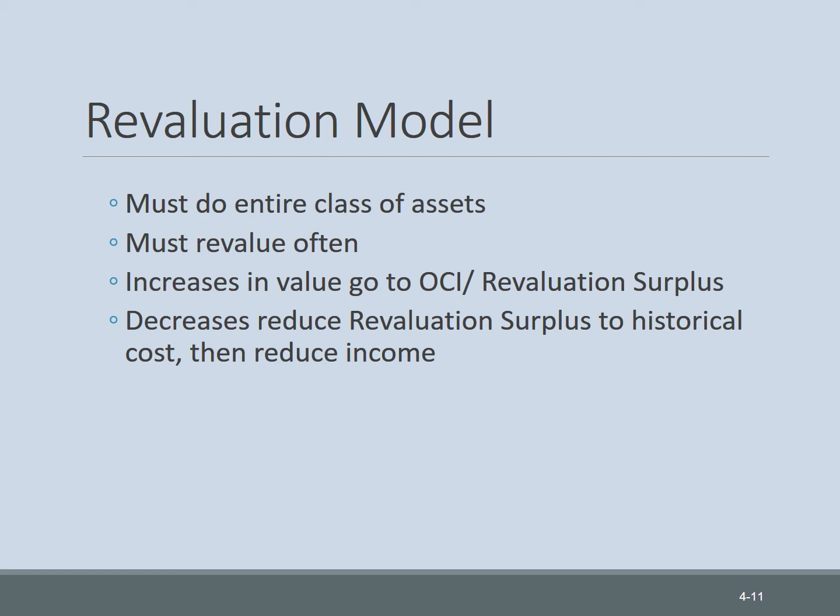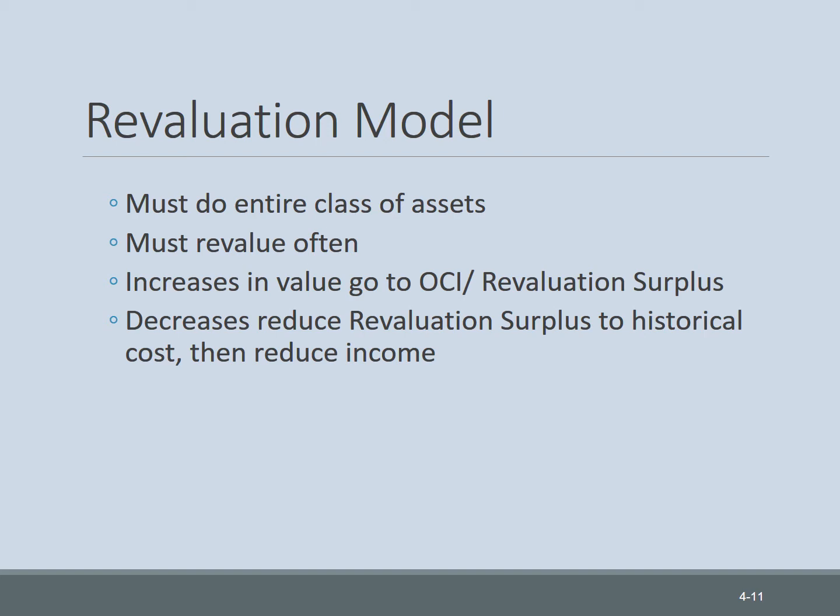So some of the specifics of the revaluation model is that you have to elect it for an entire class of assets. It doesn't mean that you have to elect it for all of your property, plant, and equipment.